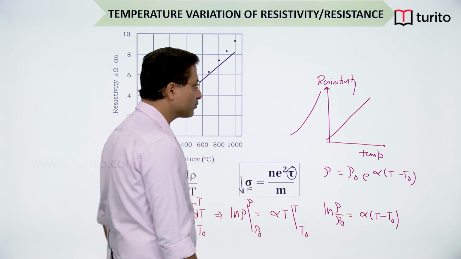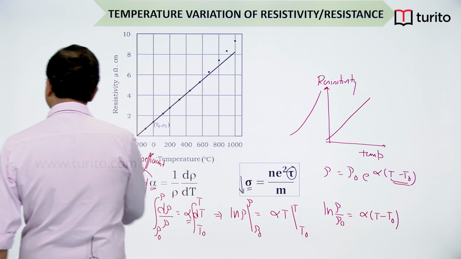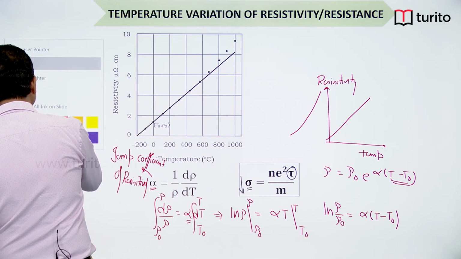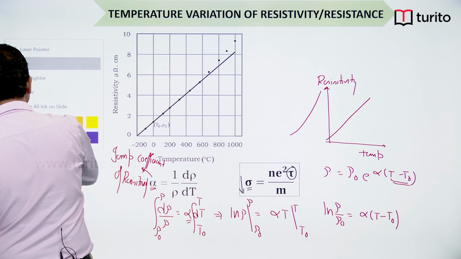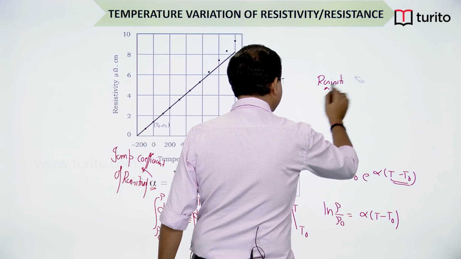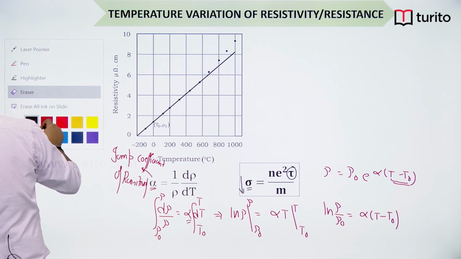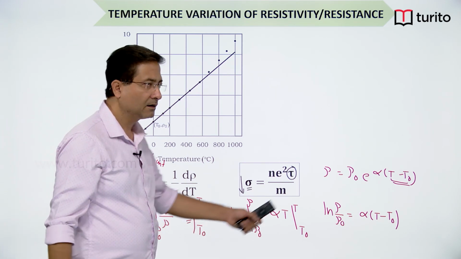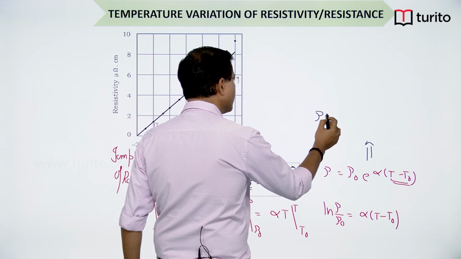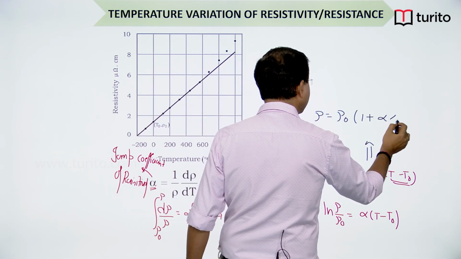So, for this small temperature range, I can expand e to the power alpha (T minus T naught), and I can neglect higher powers because this is very small. If I neglect higher powers, this can be approximated to rho is equal to rho naught (1 plus alpha delta T).